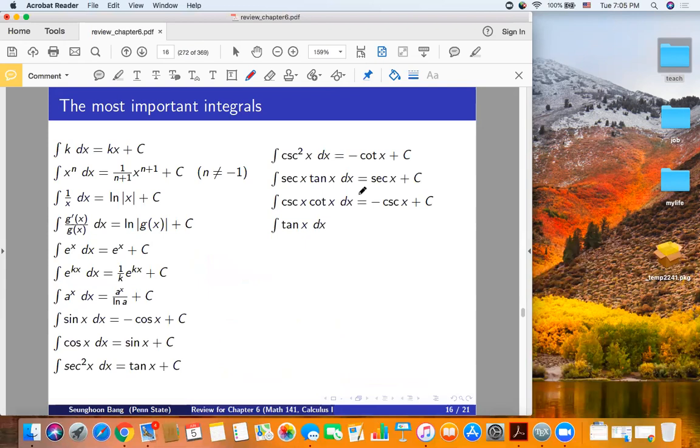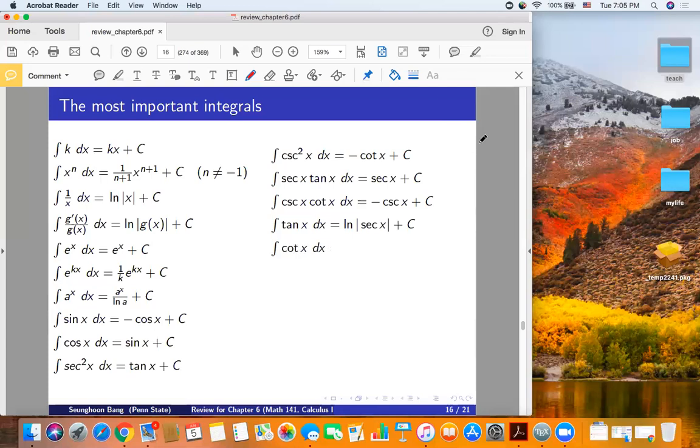Do you know the integral of tangent? What is the integral of tangent of x? Could you give your answer? Do you memorize this one? Yes, it is the natural log of the absolute value of secant x plus c.